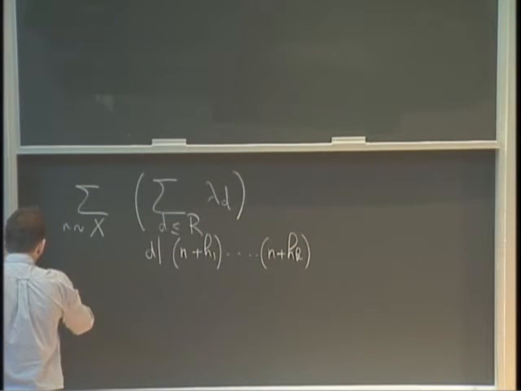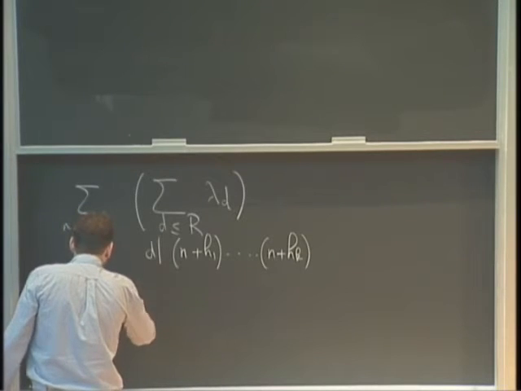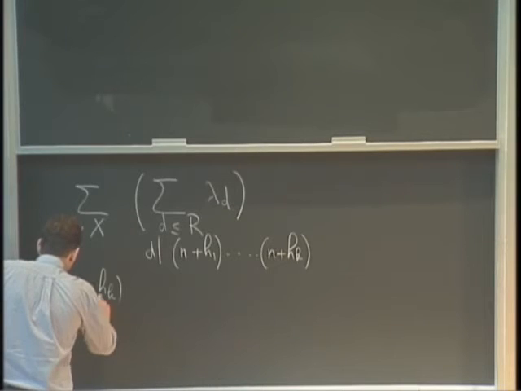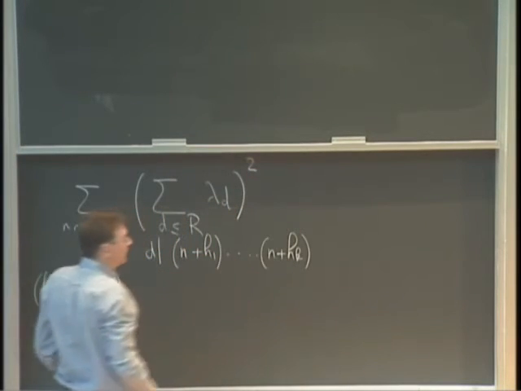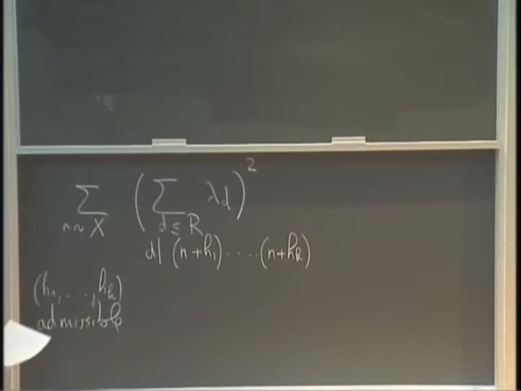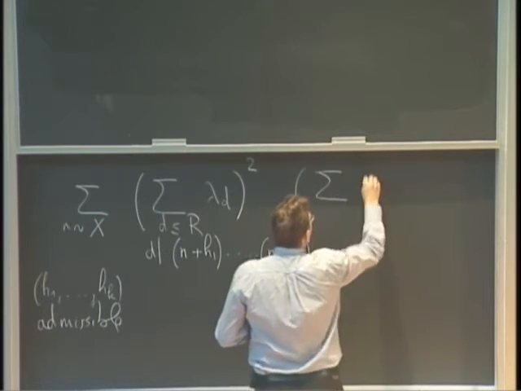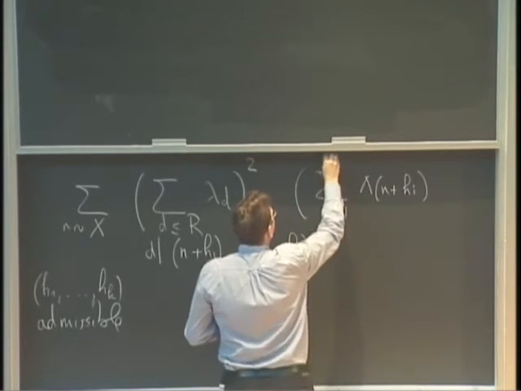So here we have fixed some parameter k and an admissible k-tuple h_1 up to h_k. Then there's the square that makes this non-negative to avoid problems. And then you want to count how many of the n plus h_i's are primes.